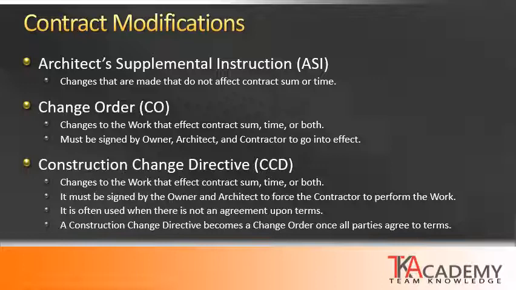So it's not really meant to be adversarial, but it is something that needs to be acted upon in order to complete the work and to negotiate the contract terms of time and cost at a later point. So a construction change directive will eventually become a change order once those terms have been worked out and all parties agree to that.